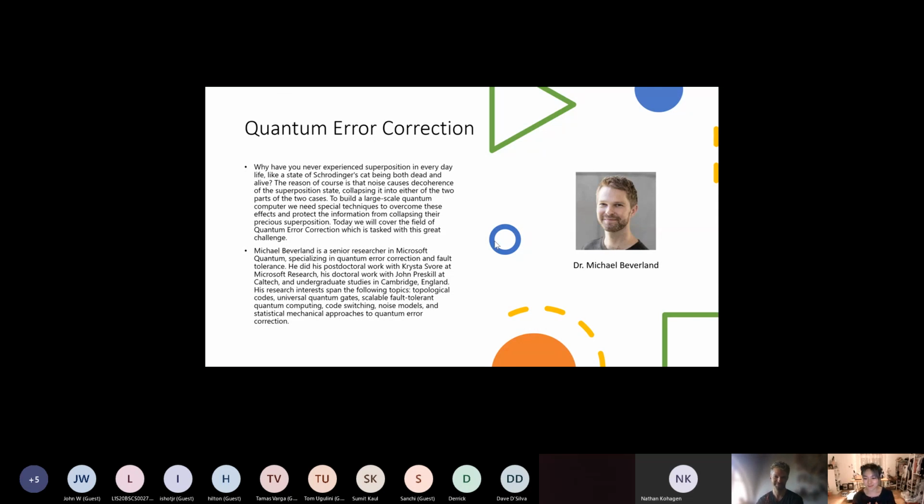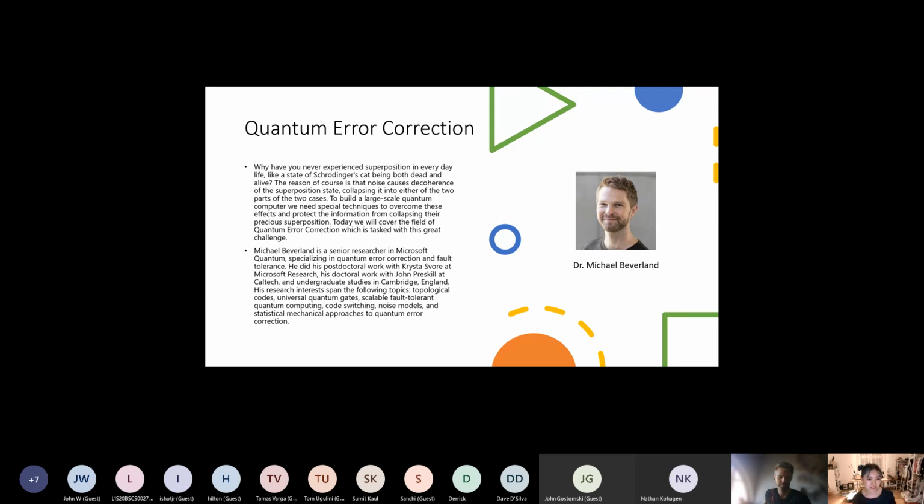Yeah, but today's lecture is Michael. So we'll be talking about quantum error correction. In the last few months, when we talked about measurements and hardware, we always had questions about how do we actually make sure what we are measuring is what we intend to. And by measuring, we also disturb the system. So how do we correct the errors that might be introduced during measurements? And Michael provided a very interesting abstract.